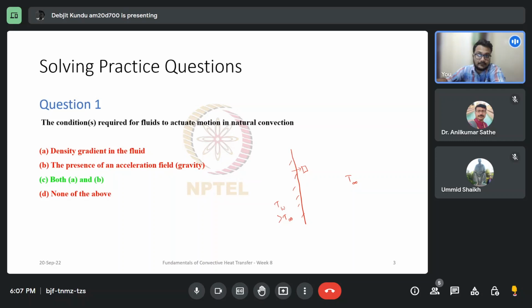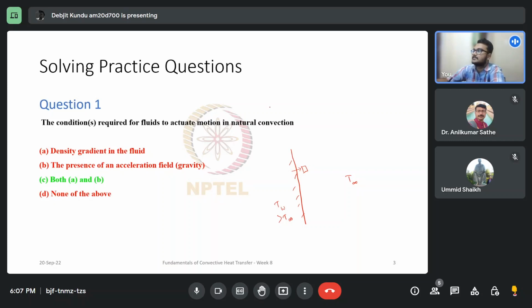But if there is no acceleration field like gravity, then there is no buoyancy force as such. Buoyancy force originates due to the presence of a gravity field, which pulls denser fluids with a higher force and lighter fluids with a lower force.